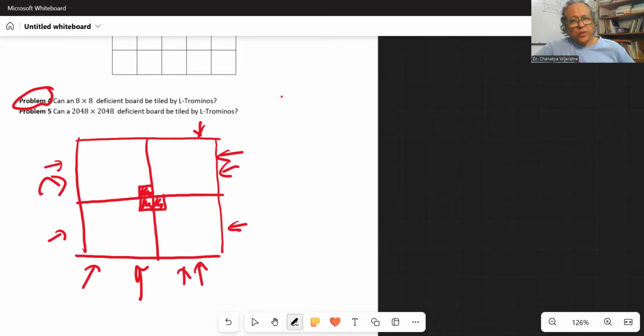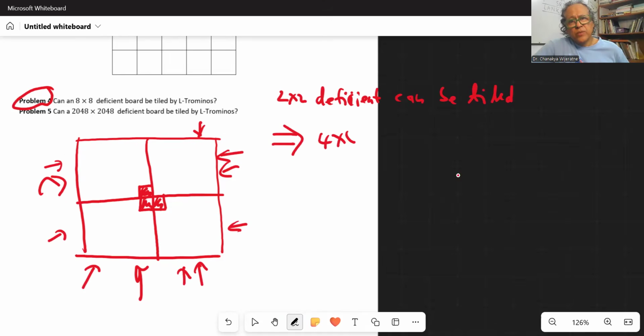So the 2 by 2 deficient board can be tiled, and that we can use to show that the 4 by 4 deficient board can be tiled, and that we can use to show that the 8 by 8 deficient board can be tiled, and we go on like this.